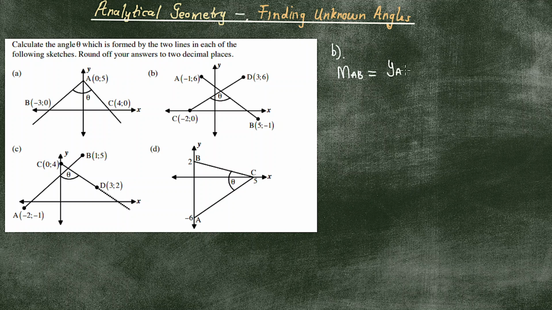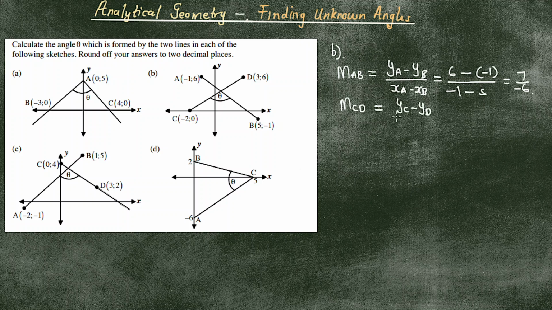So again, it's YA minus YB over XA minus XB, which is equal to 6 minus negative 1 over 1 minus 5, equal to 7 over negative 6. So yes, the gradient should be negative.